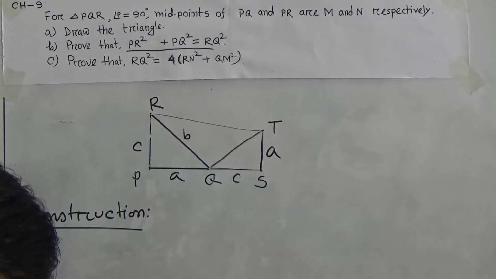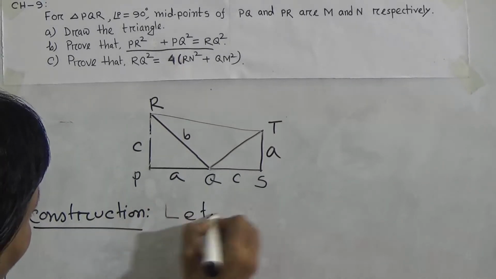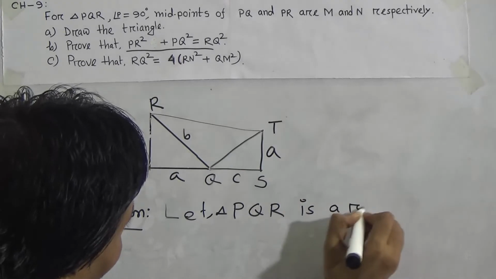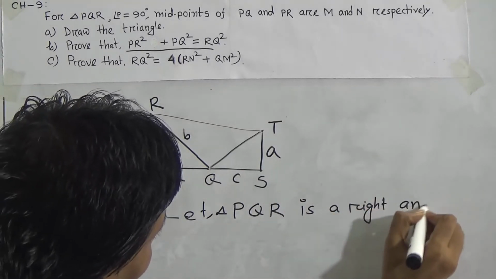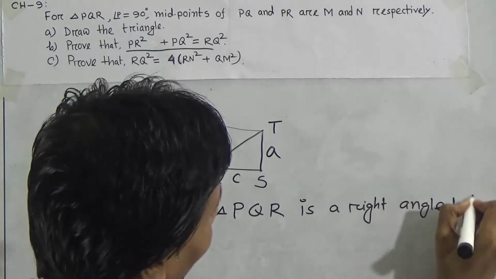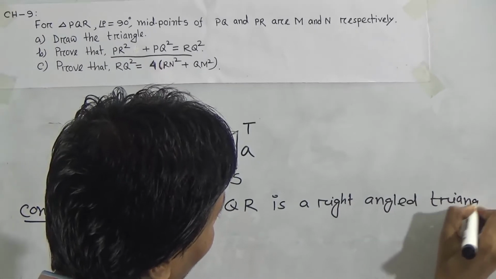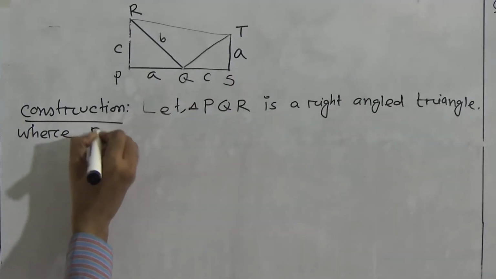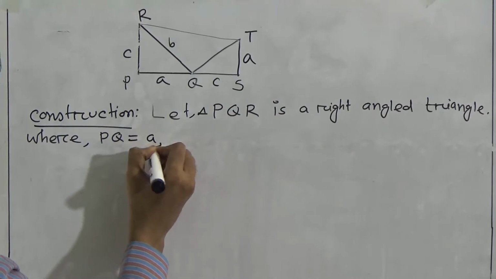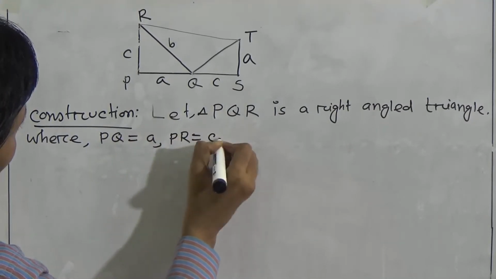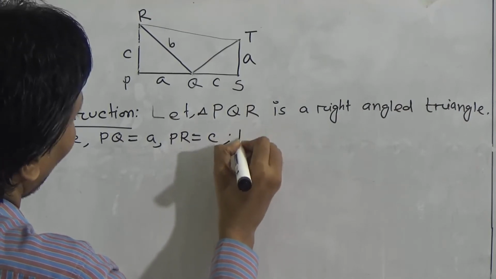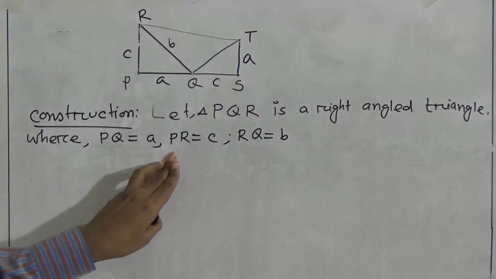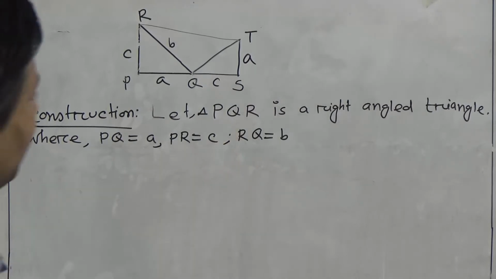Write, let PQR is a right angled triangle where PQ equal to A, PR equal to C, RQ equal to B. You see PQ equal to A, PR equal to C, RQ equal to B.